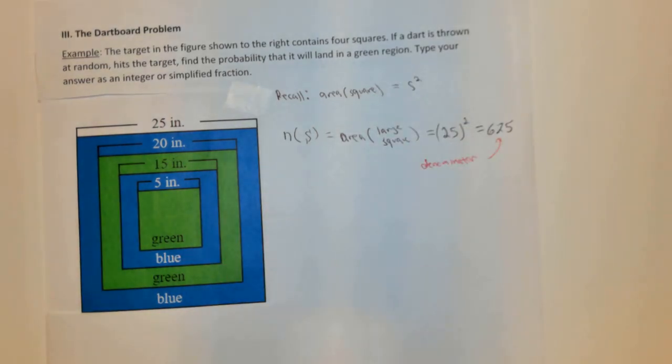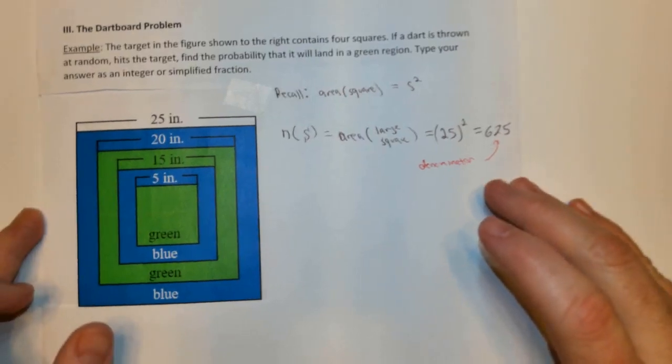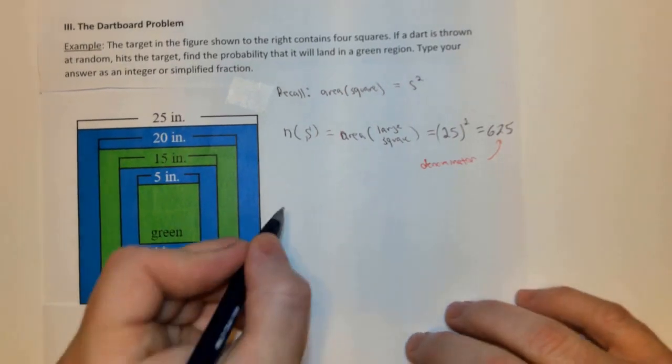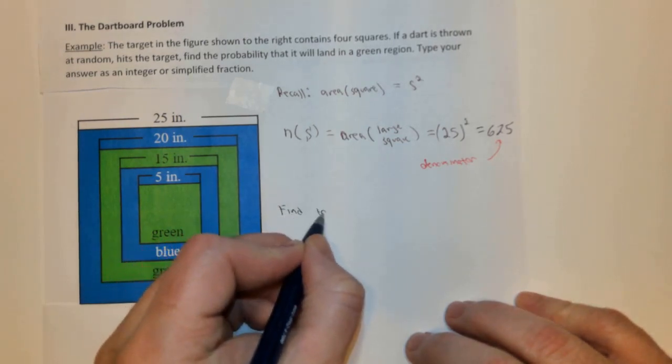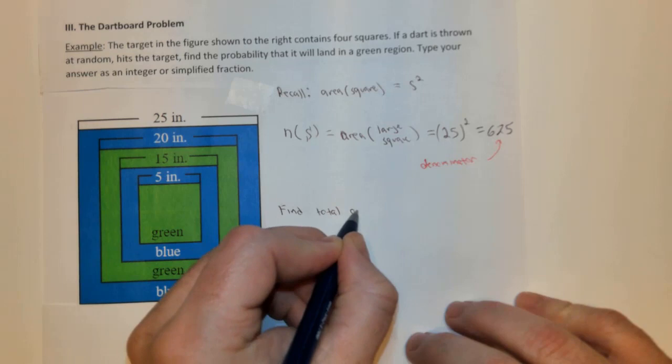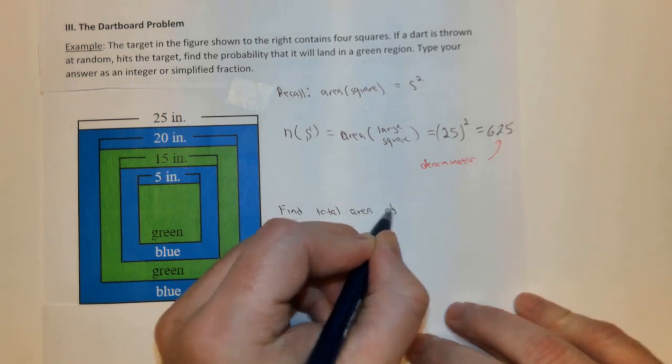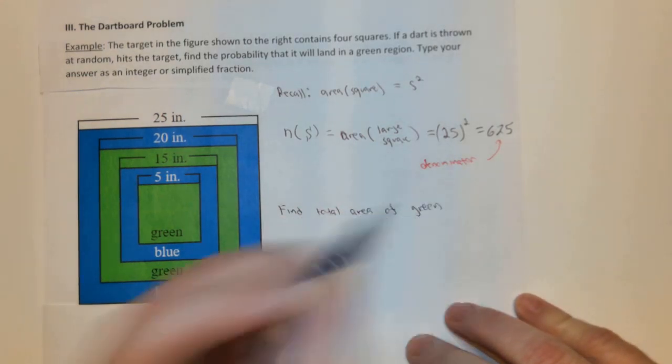So what we have to do now is find the total area of the green. Okay.